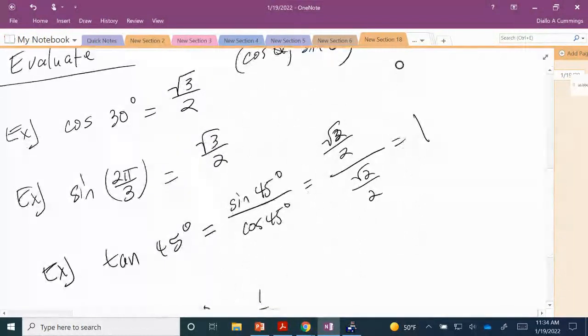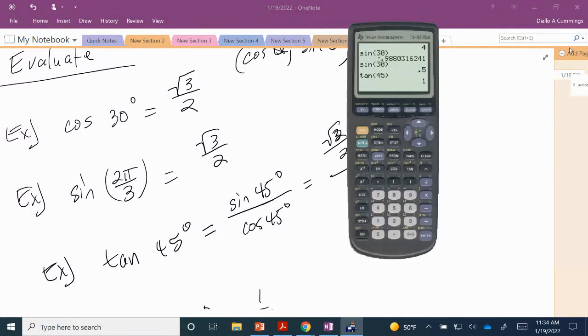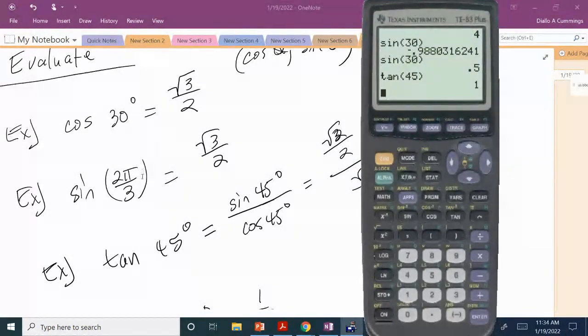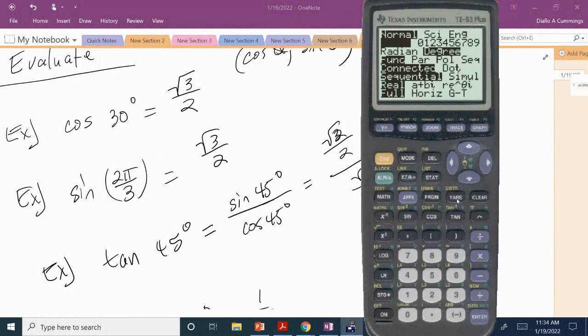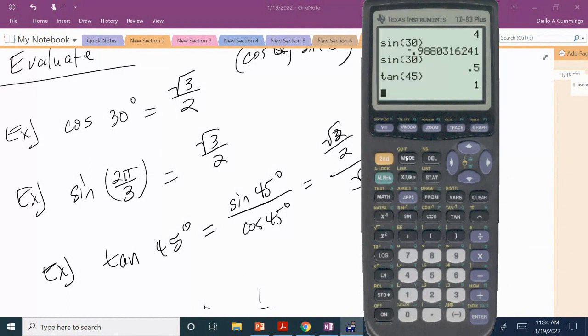Okay, let's say we wanted to find the sine of 2 pi over 3, right, using the calculator. The first thing I would have to do is make sure, since I'm putting in a radian measure, that my calculator is in radian mode. I'm going to put in the sine of 2 pi divided by 3.